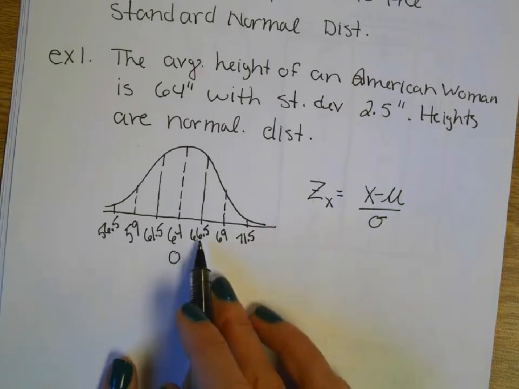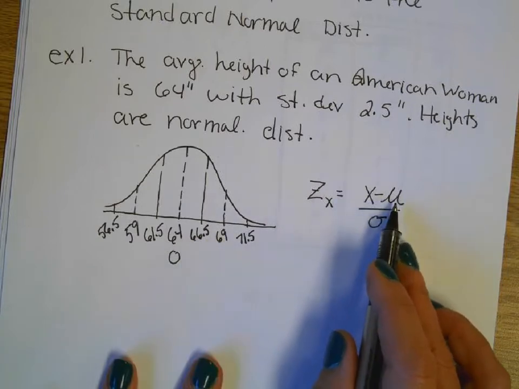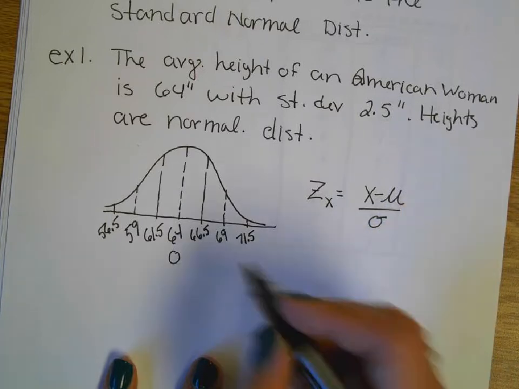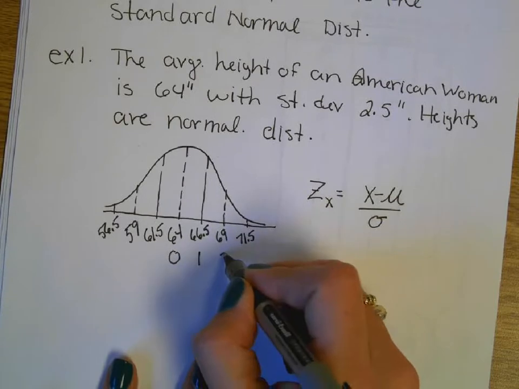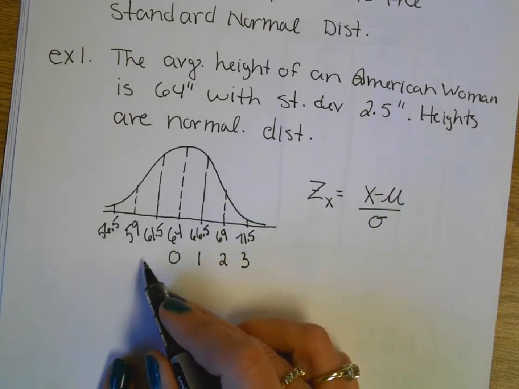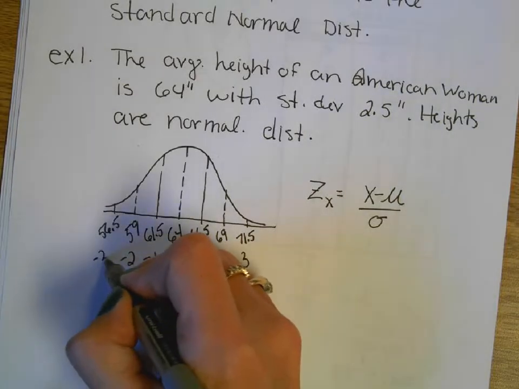If I take 66.5, subtract 64, that gives me 2.5 divided by the standard deviation, which is 1. It's going to go 0, 1, 2, 3. And then on the low end, we're going to have -1, -2, -3.